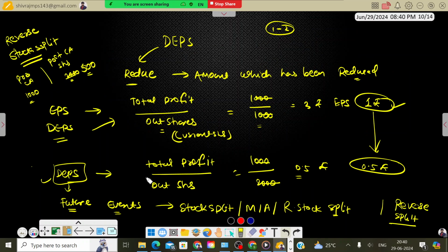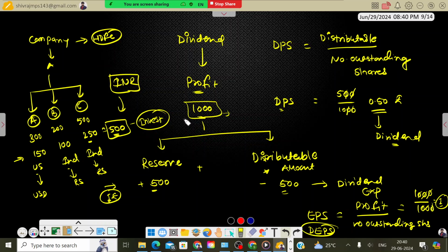Let's say the dividend per share, which we have calculated here as per this calculation, is 0.5 rupees per share, and the current price of the shares is, let's say, 1 rupee per share.